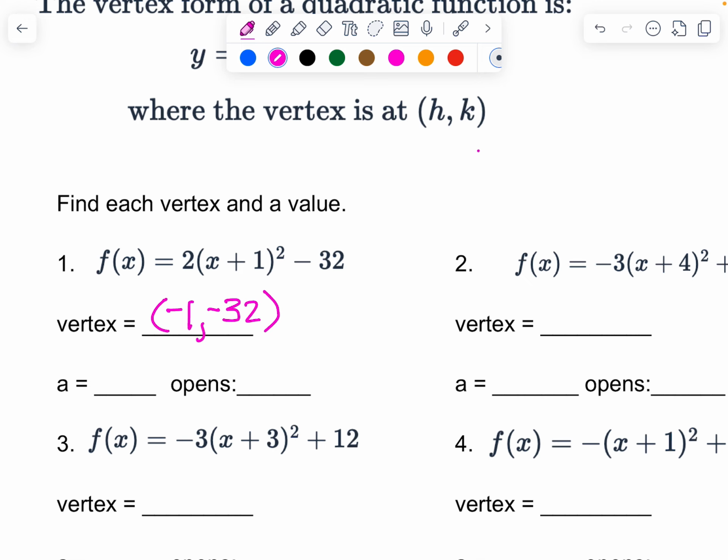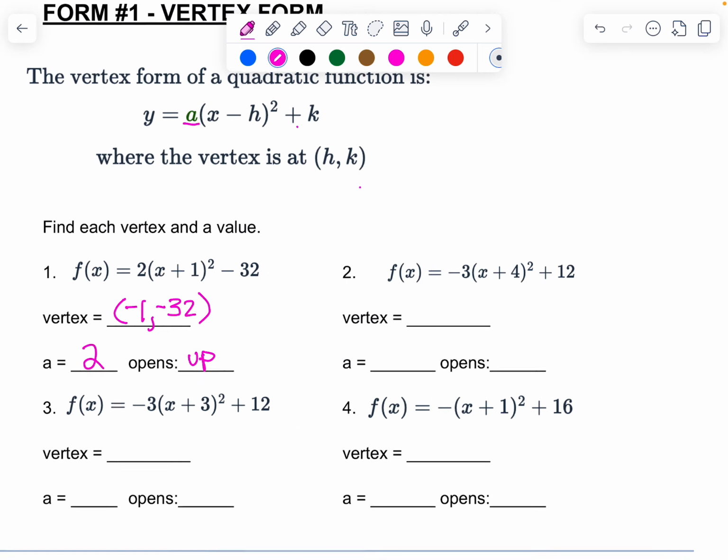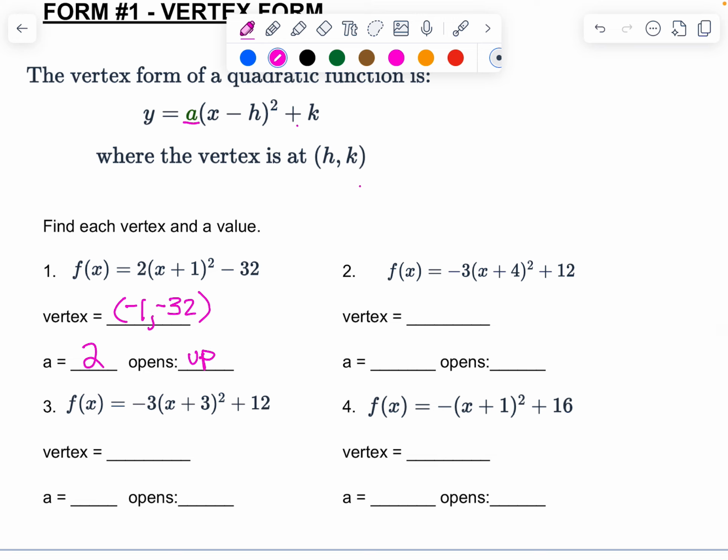Your A is 2, meaning it opens up because that's a positive number. You also might know it's a little bit skinnier, but we're focusing on the big picture here. Number 2, vertex (-4, 12). Your A is -3, and it opens down.